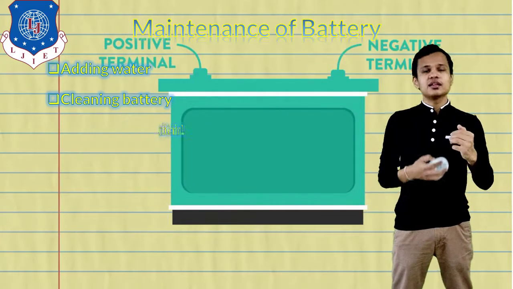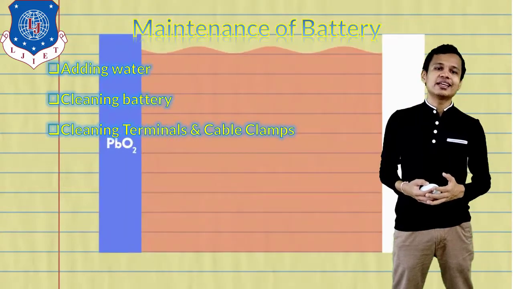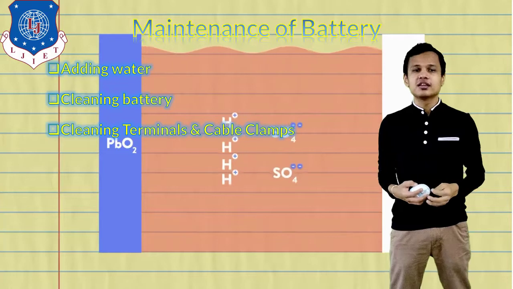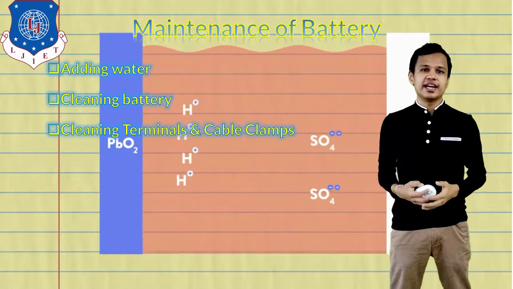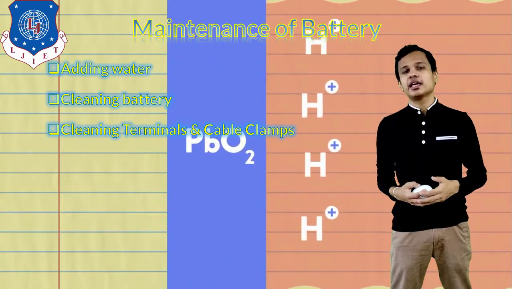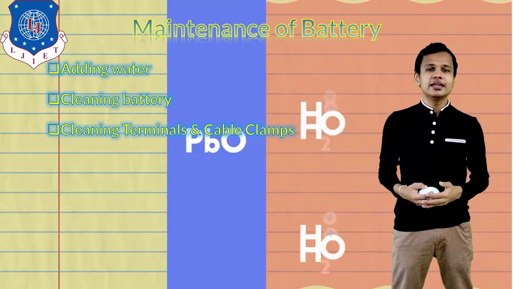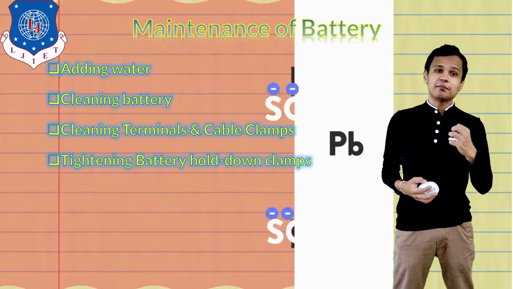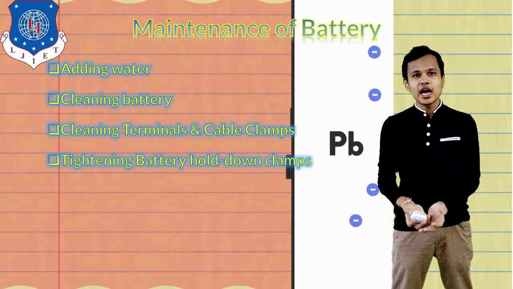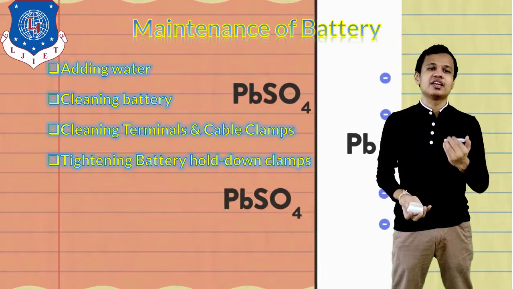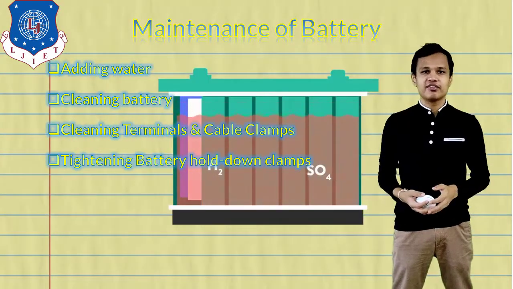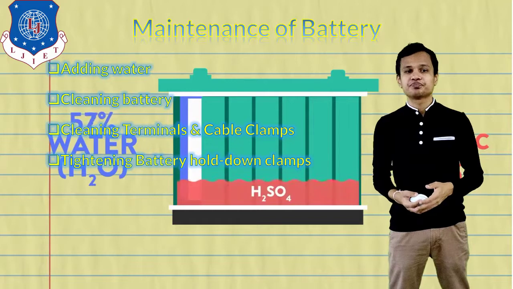The next thing is the cleaning of the terminals and the cable connected to the batteries. Next, the battery should be tightened so that the bolt-down clamps are adjusted with the vehicle, and the battery should not vibrate whenever we are driving our vehicle.